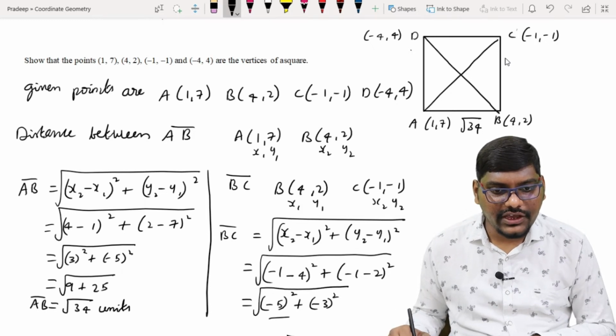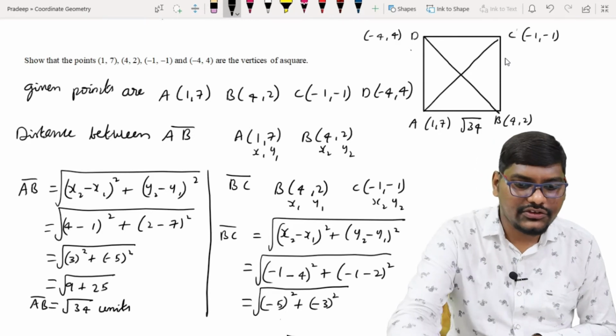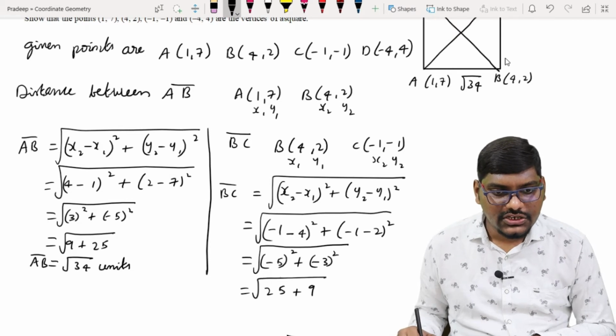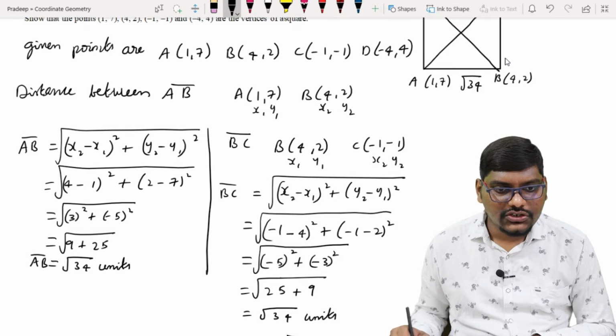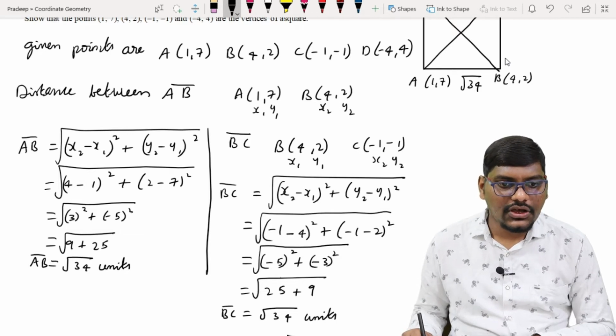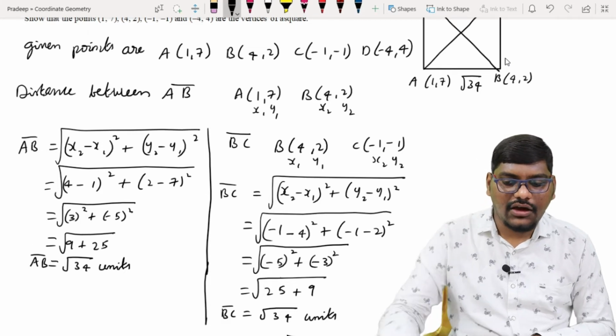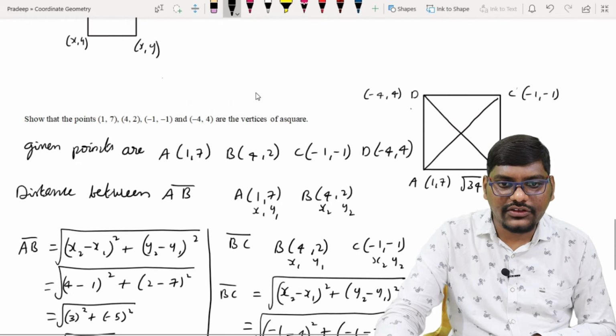Here 5 square is 25 and 3 square is 9, so you'll get root 34 as the value. So this is BC.